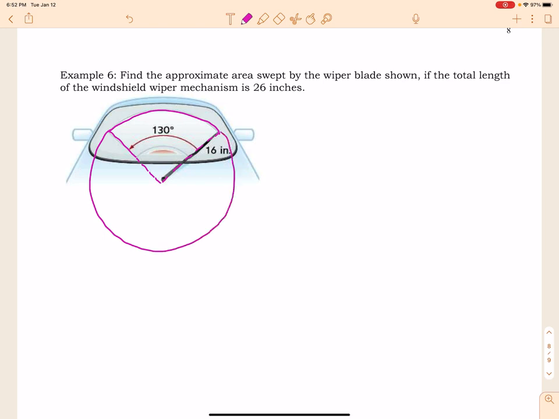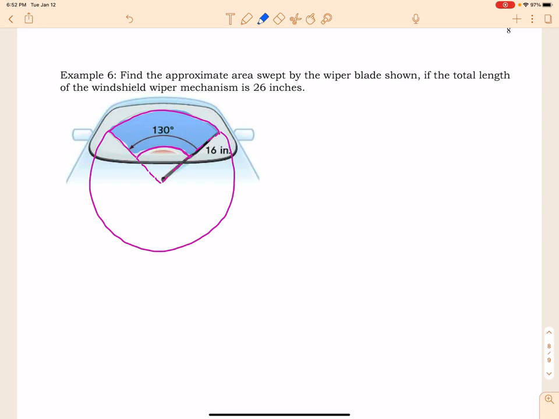I am finding a sector, it's just a little bit different because I just want the part that's being swept over the windshield. So not even a whole sector, but just that blue portion of it.